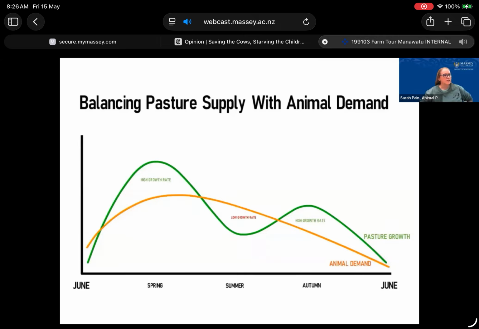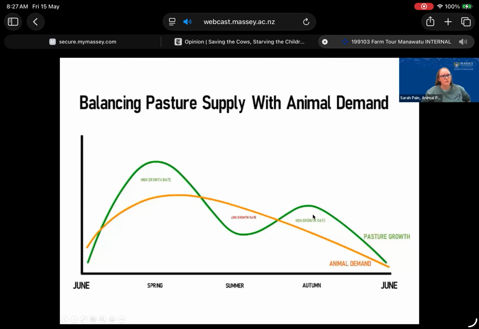But typically, in spring, we've got a lot of pasture growing, okay? In summer, pasture growth slows down because it dries off. And also pasture gets reproductive, okay? Pasture is a living organism, it's a living plant, so it goes through life cycles itself. So it's in a vegetative or growing state in spring, and then it slows down its growth and becomes reproductive and creates seed heads during summer.